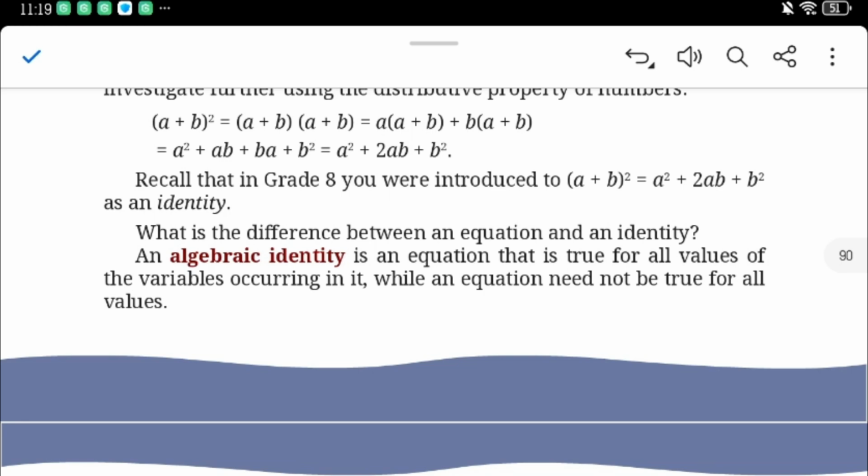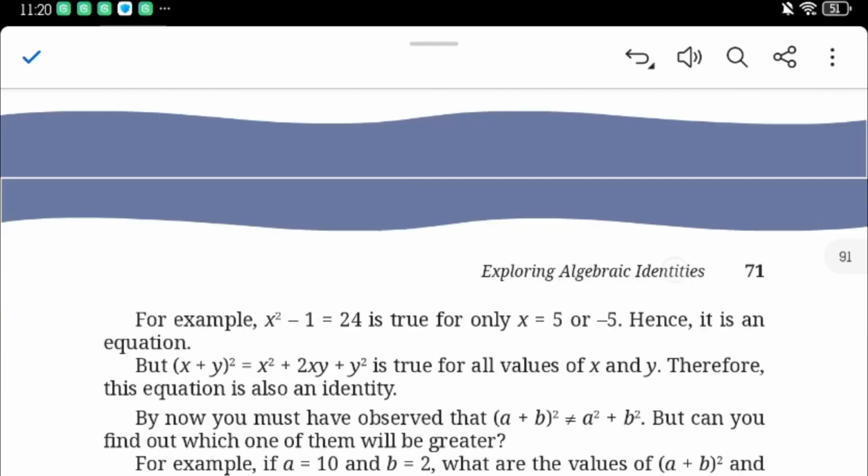Whatever value you give for the variables, it will hold true for all values. For example, if you take a and b as some integers, some numbers, this identity will hold, and the left hand side and the right hand side will have the same values.